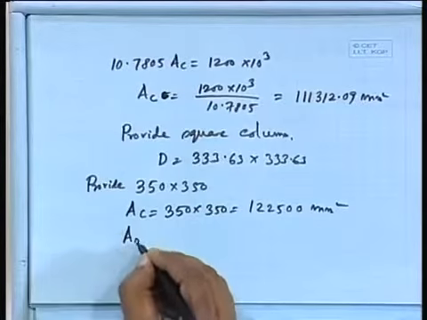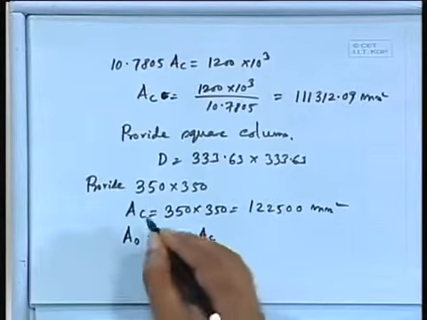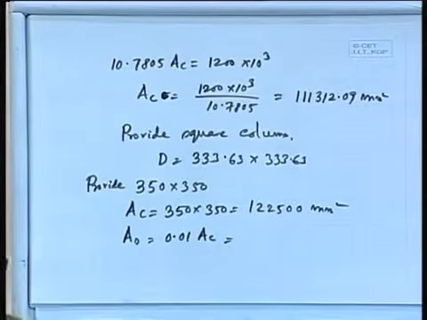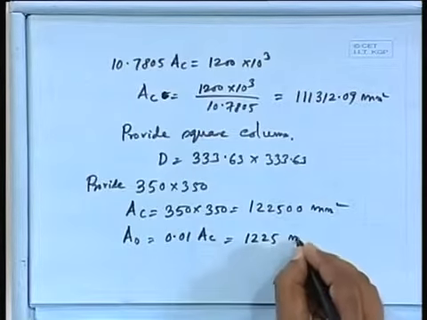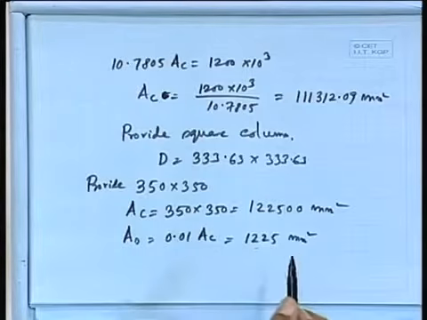AS equal to 0.01 times AC, because we are providing this one. So 0.01 times AC is 1225 square millimeter. So AS equals 1225 square millimeter.